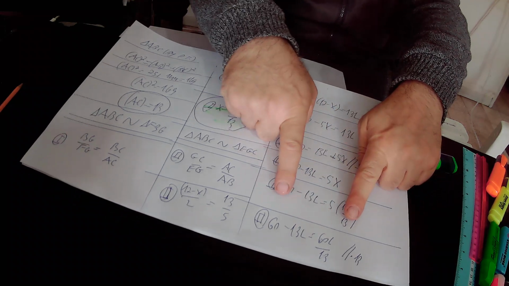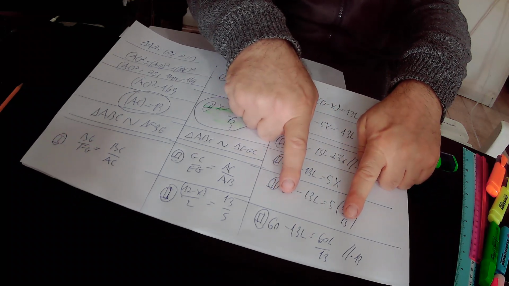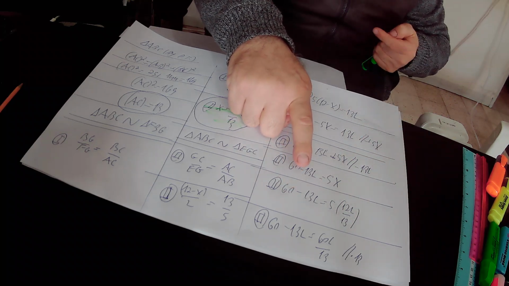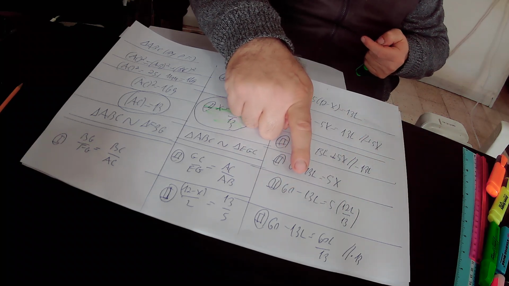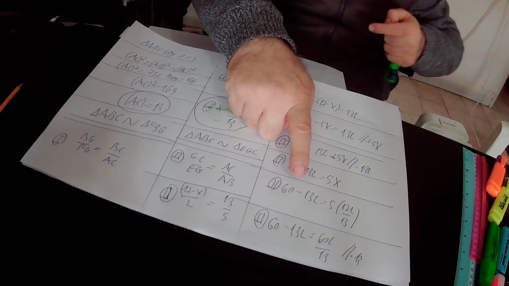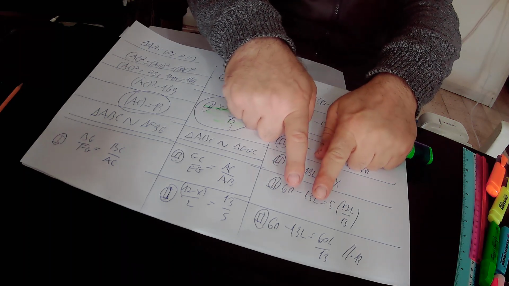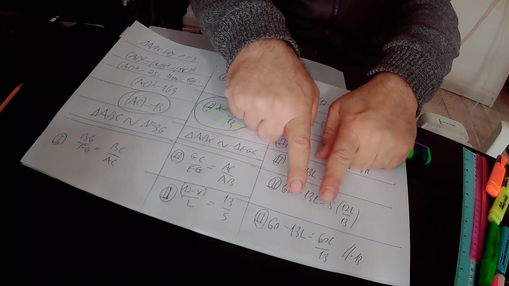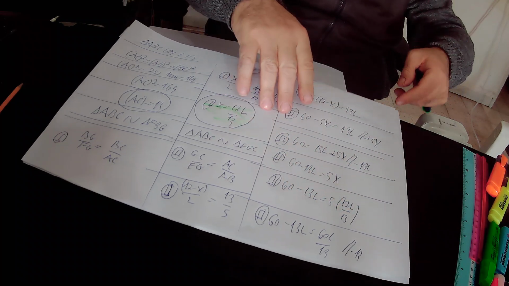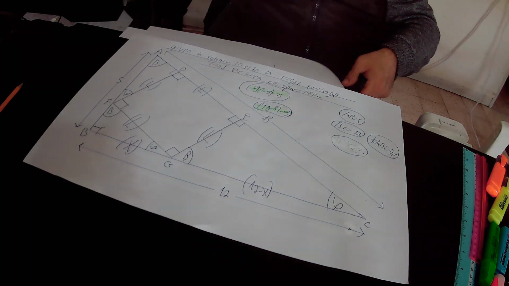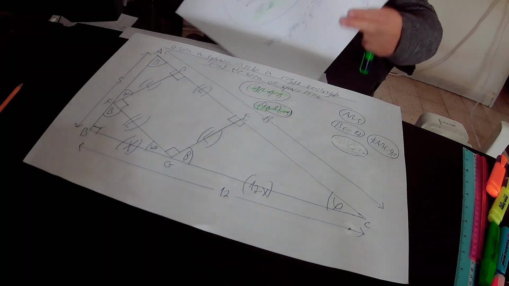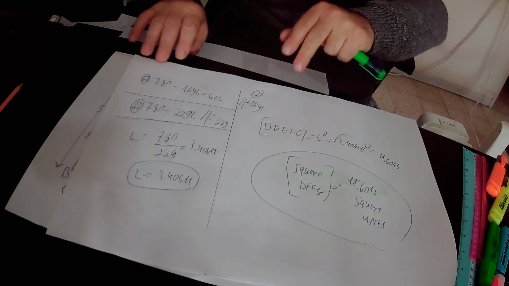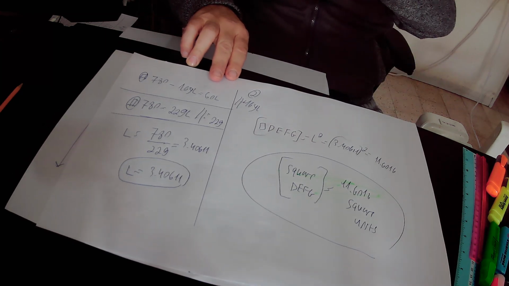Here we multiply this equation by 13, and find that 13 times 60 is 780, minus 13L times 13 is minus 169L, and it is equal to 60L. I repeat again, we find that 780 minus 169L equals 60L.